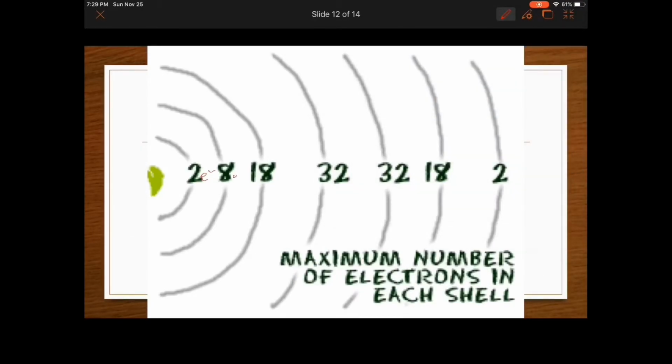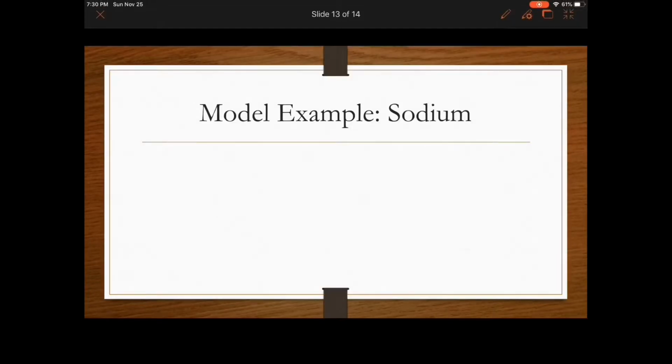I apologize for the blank screen there for a second. Because otherwise, if I didn't know that this little thing right here was the nucleus, I may think these are protons. So we're going to label everything. That is a big thing in science. Label, label, label.